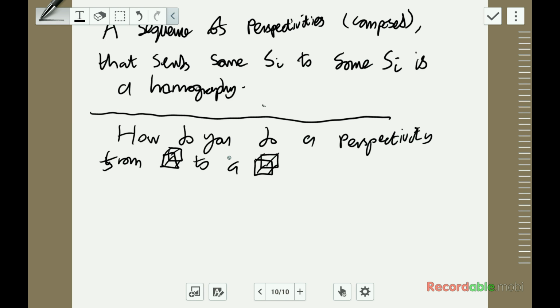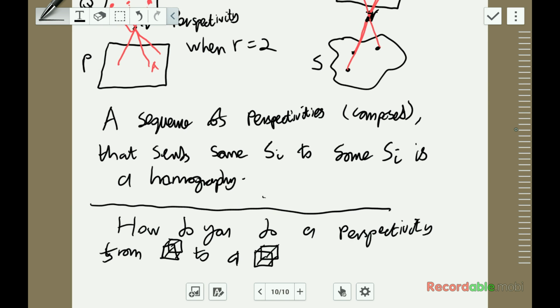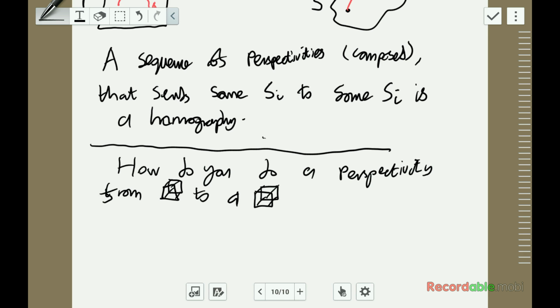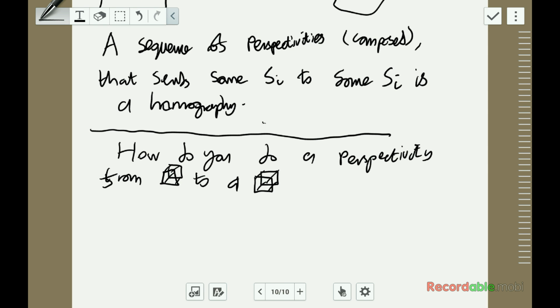Now remember, you have to do a bijection, you have to send every single point on the cube to the other cube. And remember how we did it before. When we had two-dimensional things, we had to make use of the sort of ambient three-dimensional space. So given that, does anyone have any ideas how to do this? Maybe you'd like to pause the video and think about it for a while. Because the answer is really quite nice and elegant.